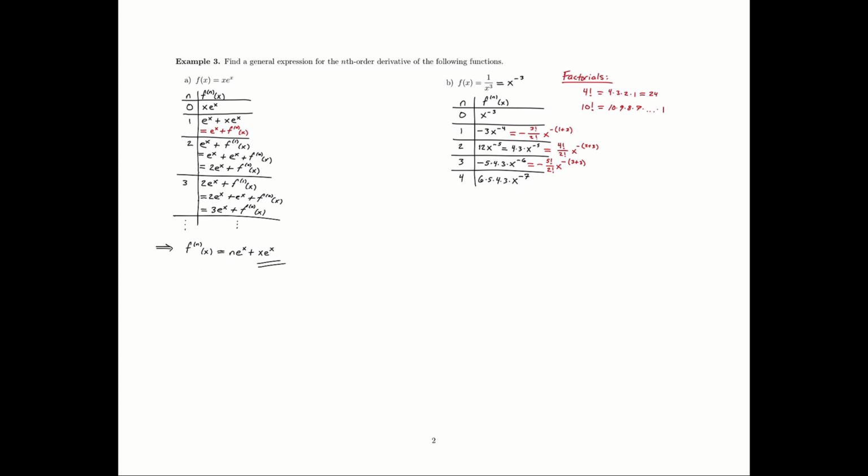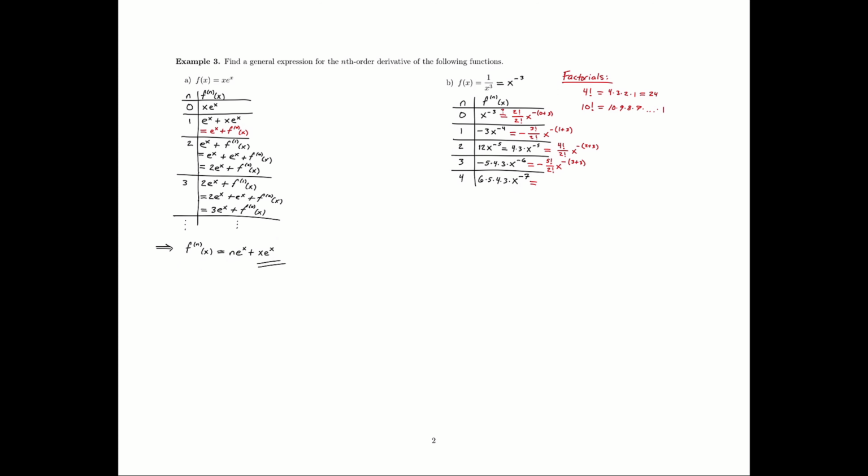And now does this work? Let's check. I don't know if this is going to work, so question mark. Is this going to work? This would technically be 2 factorial over 2 factorial, if we're following our pattern, x to the negative 0 plus 3. That does seem to check out.